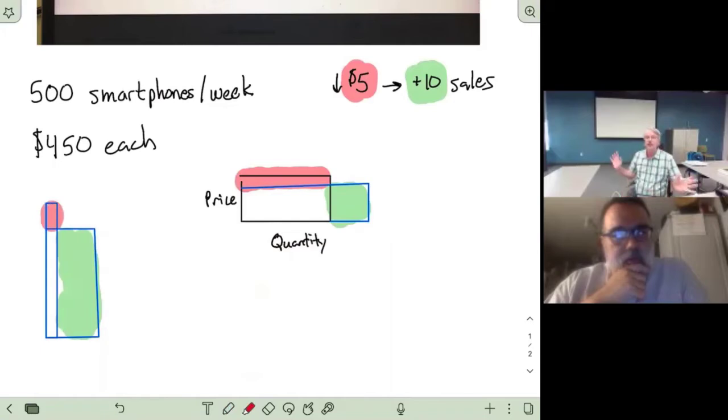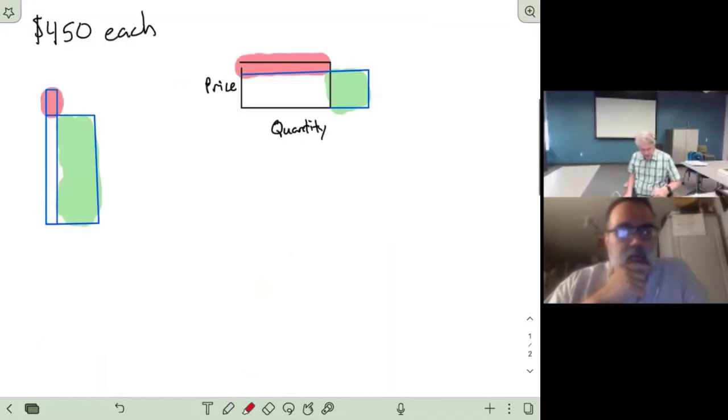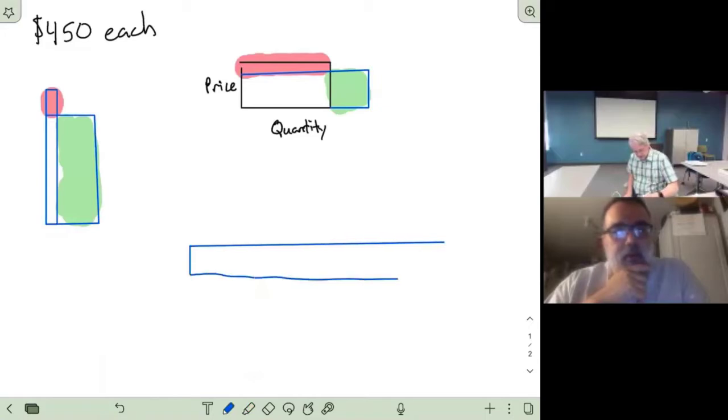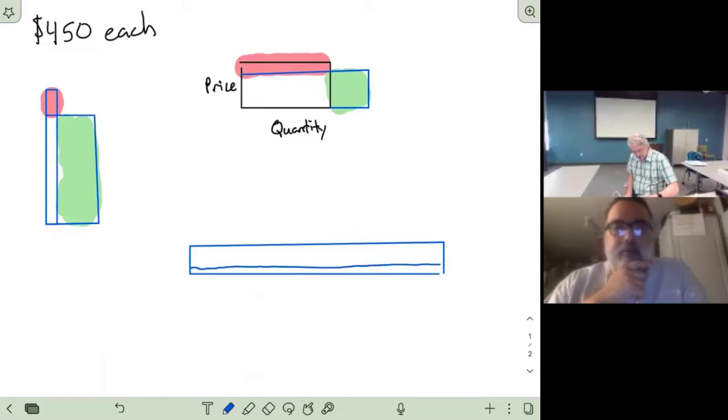It's clear that the green is much bigger than the red. But there's got to be some point where you're selling a lot at a very, very low price already, and then you go down by $5, it just kills all of those other sales that you had, and you just get a tiny bump out here. And so that's a mistake.